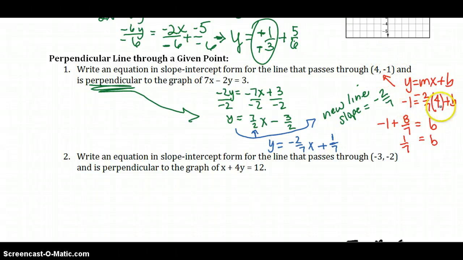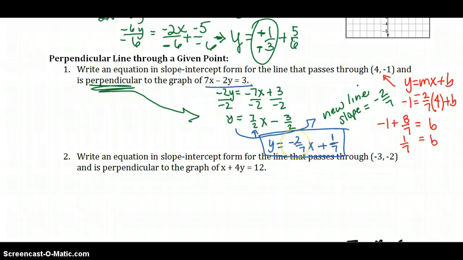Plug that in for y and for x, and using my new slope, negative 2/7, I can find b. So doing some math here, my y-intercept is 1/7. So my new and final answer is y equals negative 2/7 x plus 1/7. And that's the equation of a line perpendicular to this given line.